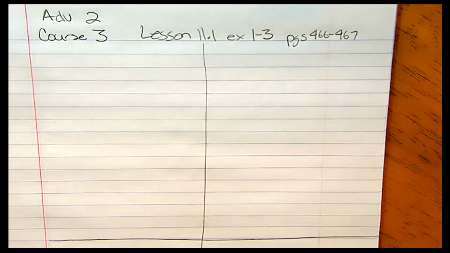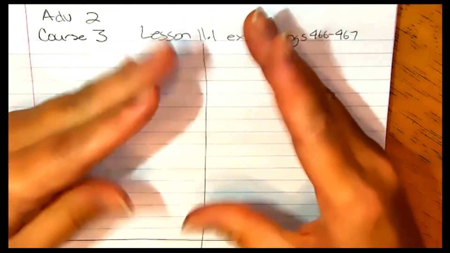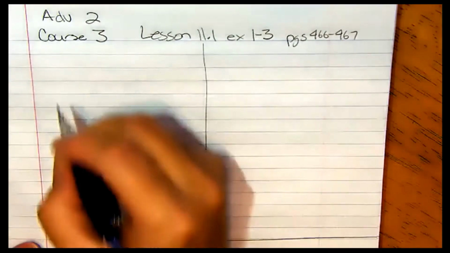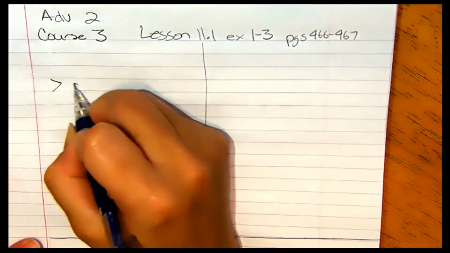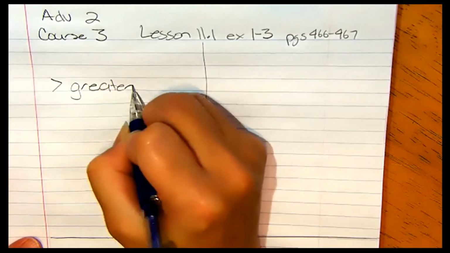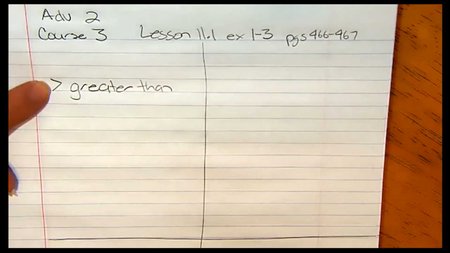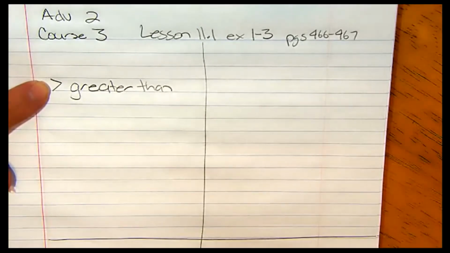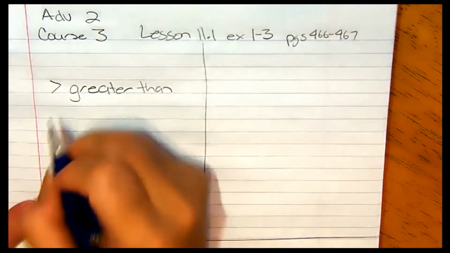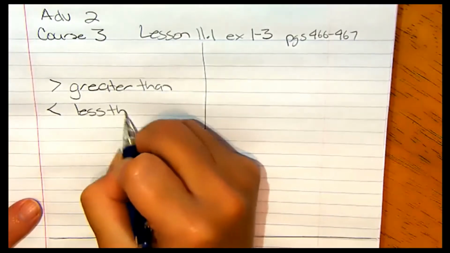Okay, when you were in kindergarten, you learned about these alligators that like to munch the largest number. So remember, the alligators always liked to munch the largest number. We learned that when the alligator points this direction, it's greater than. And when the alligator points in that direction, it's less than.